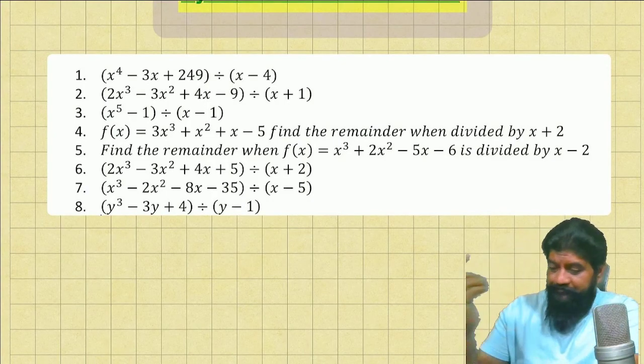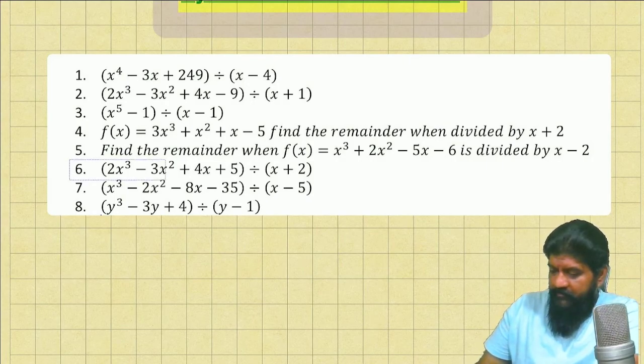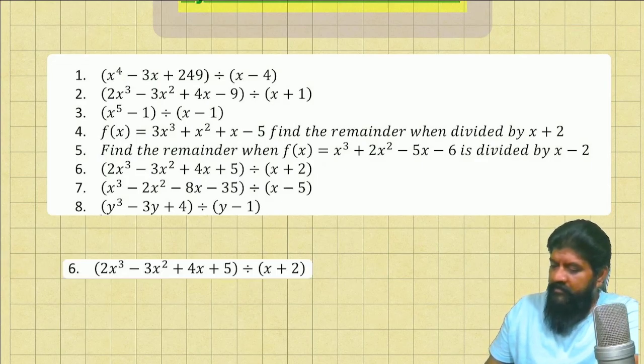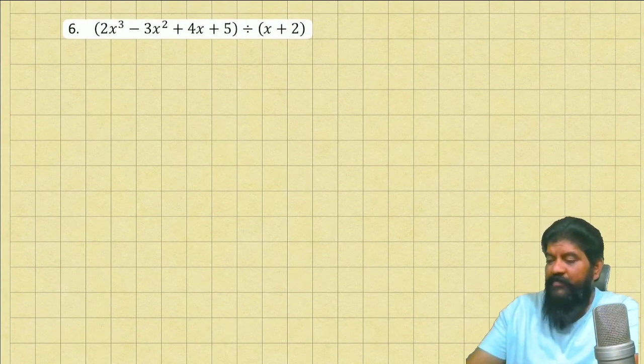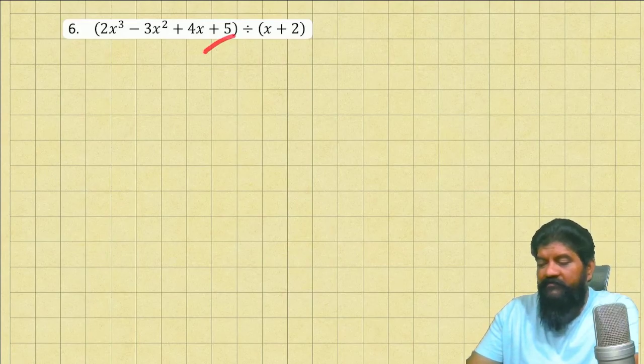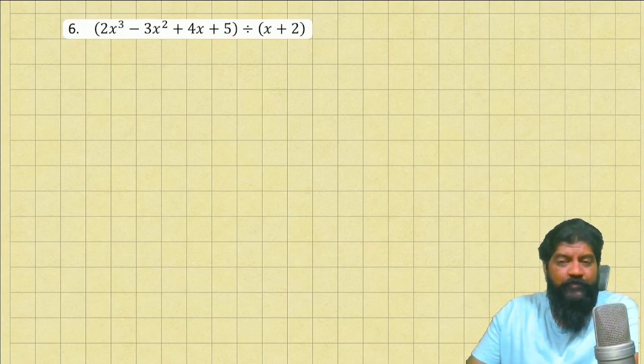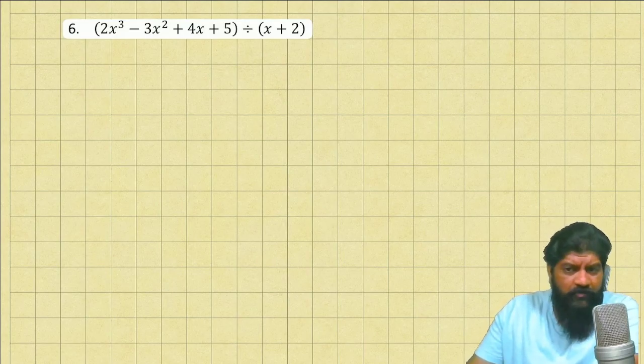Okay, let's see. What I have here is 2x cubed minus 3x squared plus 5x, divided by x plus 2. The goal is to divide and find out what happens.